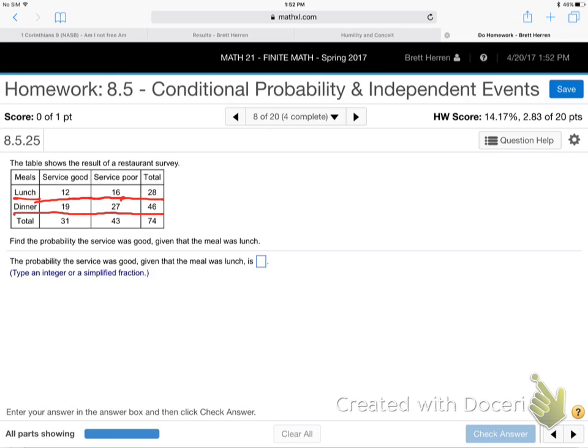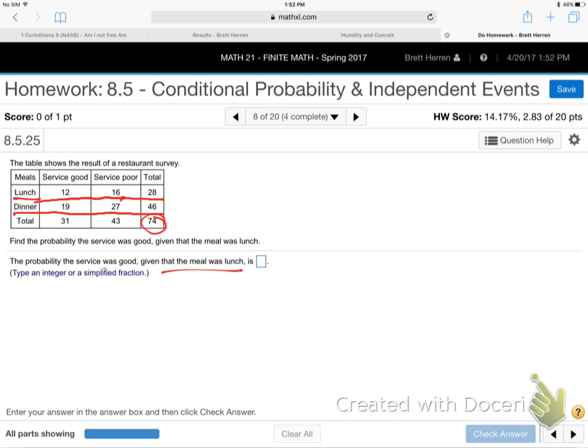Now, what's their question? These are 74 people altogether. If you were to grab one of them at random, find the probability the service was good given that the meal was lunch. Now remember, there's that word "given." That's what this section is all about. Whenever it says given, it's narrowing down what you're talking about. So if we're talking about lunch, we're not talking about the whole table anymore.